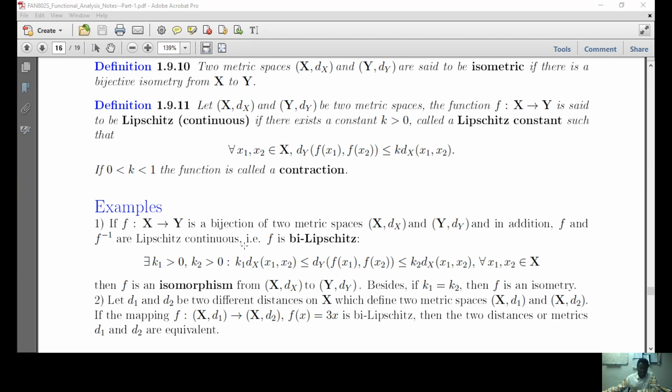Okay, another definition is the concept of a Lipschitz continuous function.